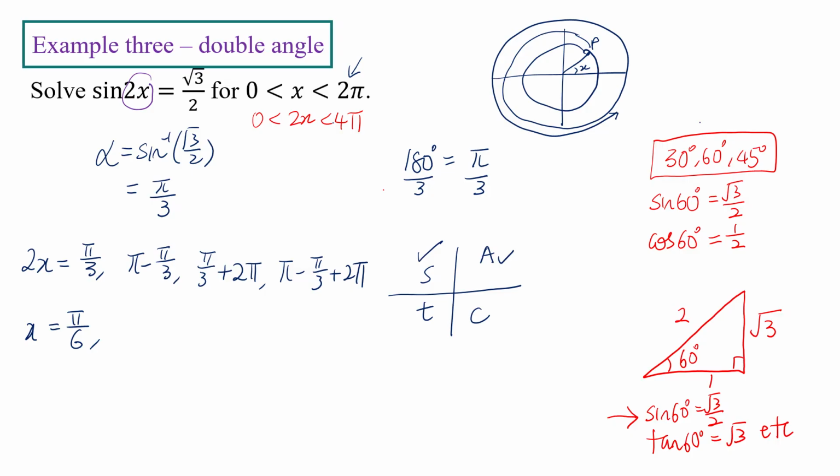2 pi over 3, divide by, oh my god, my calculation is not very good. Okay, that will give you divide by 2.